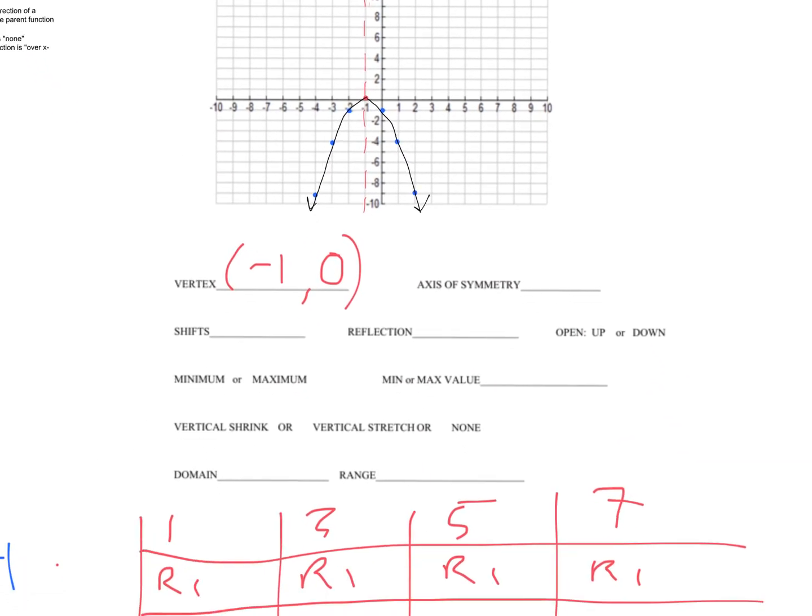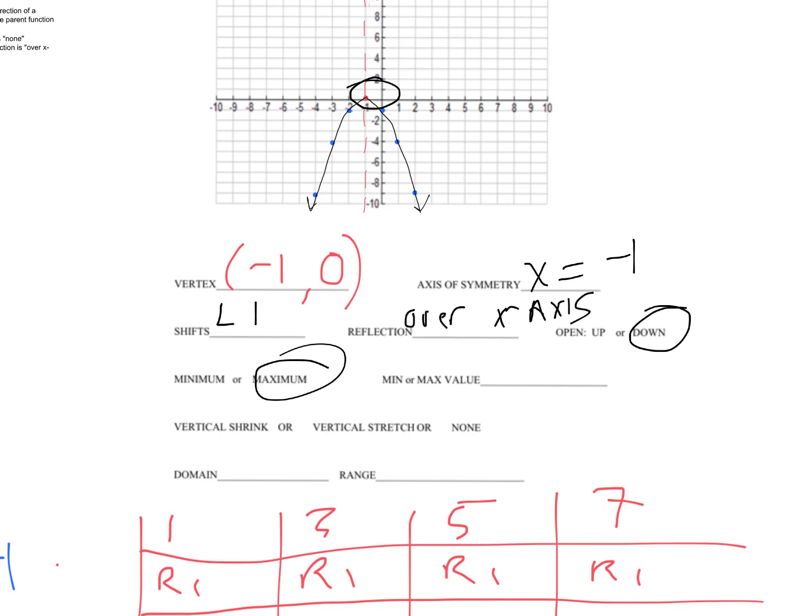Axis of symmetry, x equals -1. Shift, we only went left 1. Reflection, since the graph is going down, it's going to be over the x-axis. My vertex, since the highest point of my graph is a max, the value is my y-coordinate, so y equals 0.